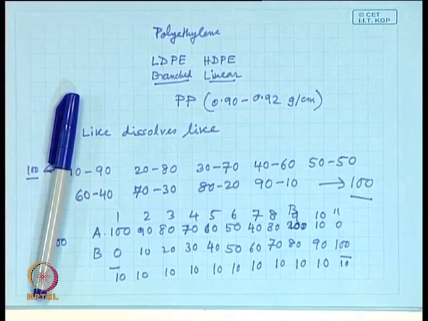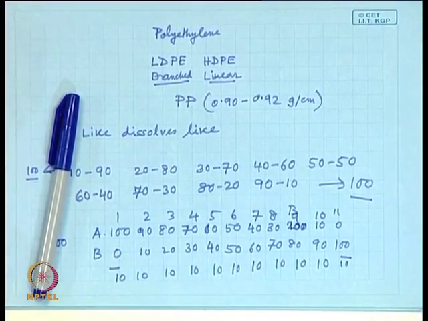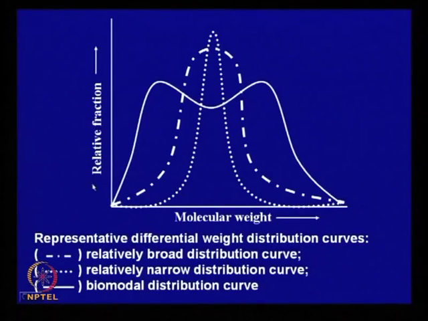Then you make a plot, and after plotting you can get either this type of distribution curve, or this type of distribution curve, or this type of distribution curve. Now, this curve can be designated as a broad distribution curve.